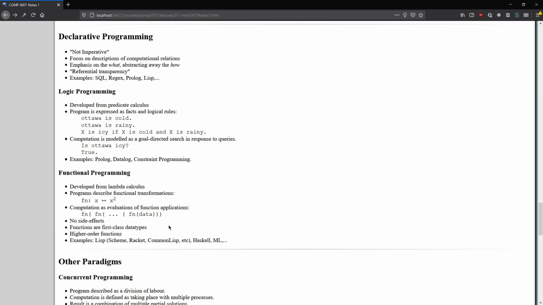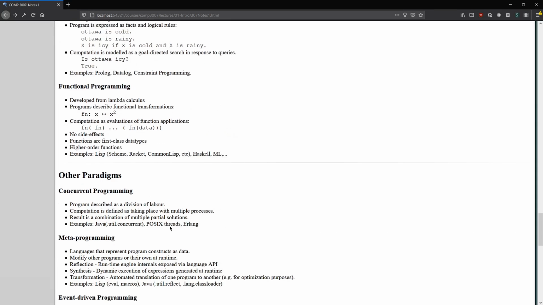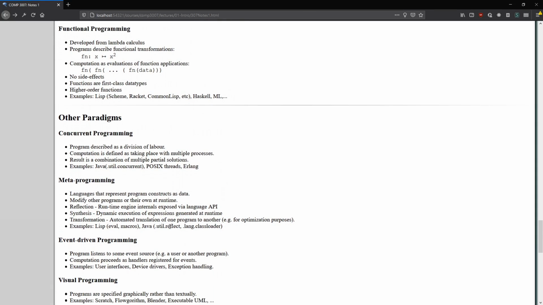All right, so some other paradigms here. Concurrent programming is one paradigm, and this paradigm is a focus on the division of labor and simultaneous, or concurrent, processing. So for example, GPU processing with NVIDIA's CUDA platform would be considered a concurrent programming language. Now, the benefit of concurrent programming is that if we have some clever division of labor, we can improve the scalability of our designs.